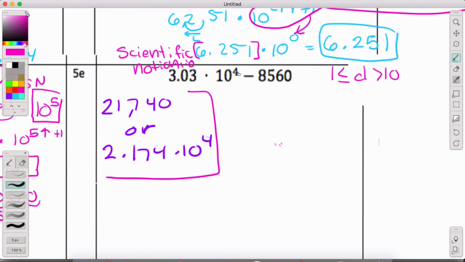You can either convert this 3.03 times 10 to the 4th power into standard form, or you can convert 8,560 into scientific notation, and then add, and then group, and then keep the exponents the same, so on and so forth. My preferred method for this is actually to convert 3.03 times 10 to the 4th into standard form.